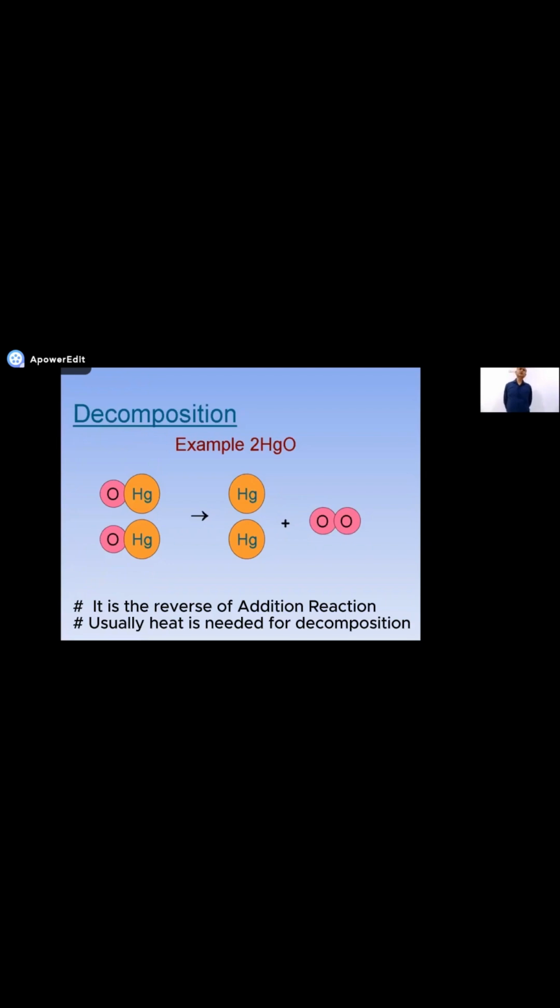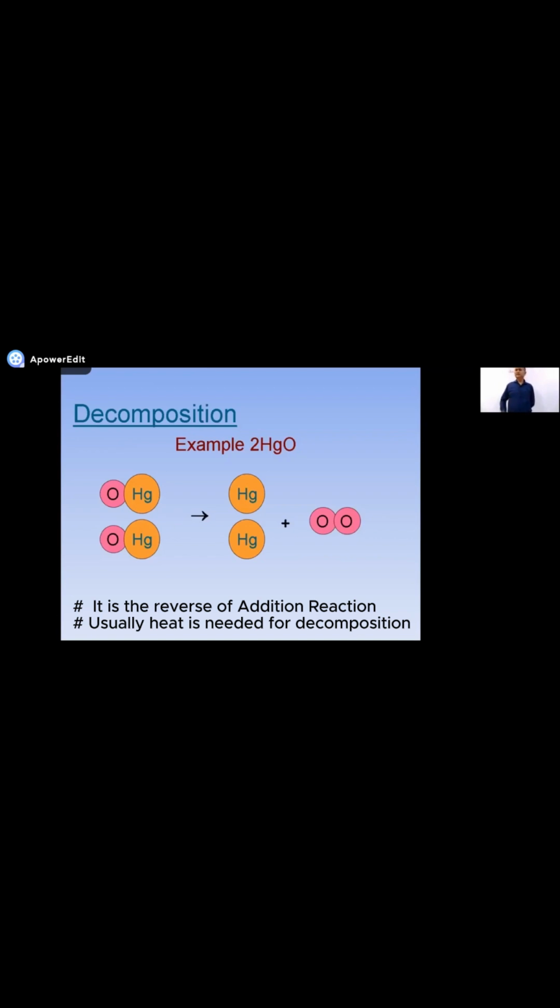All right, let's see the examples. A compound HgO can be decomposed. What is Hg? Good, Hg is the symbol of mercury.